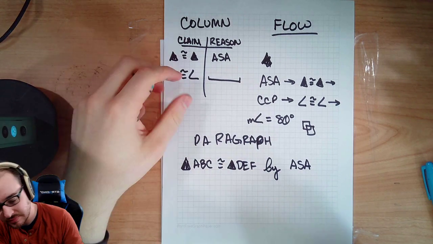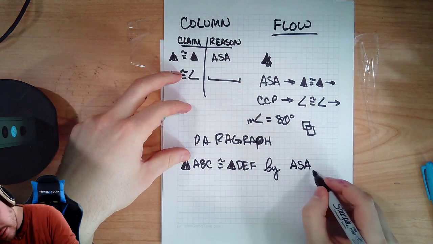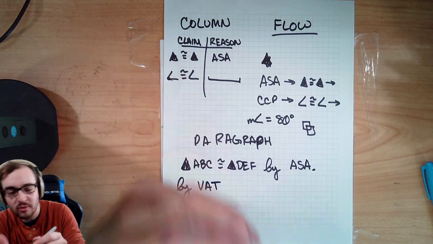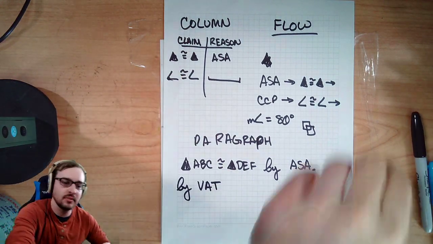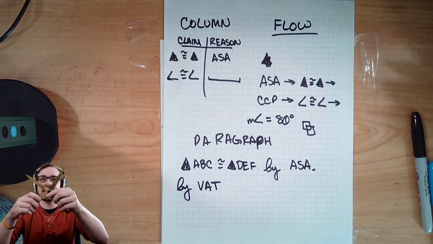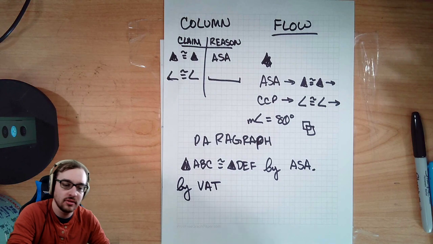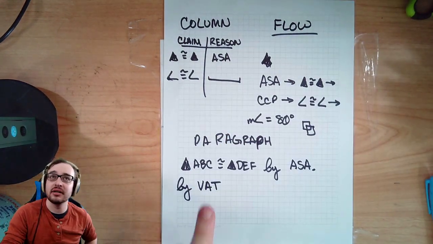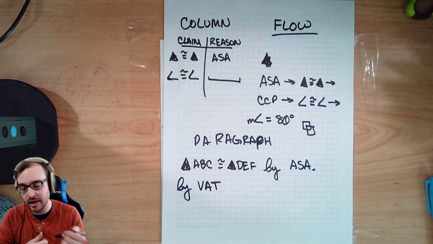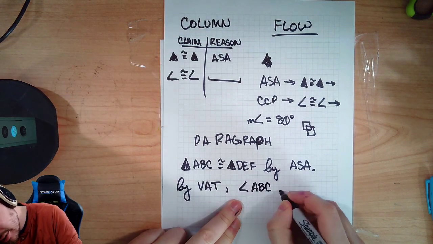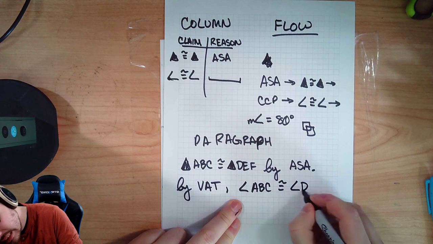I can say, by the vertical angles theorem, the scissor theorem. If I have a cross like an X, then the top and bottom angles will be the same, and the left and right angles will be the same. Instead of claim and then reason, I can have reason first: by the vertical angles theorem, I know that angle ABC is congruent to angle DEF.